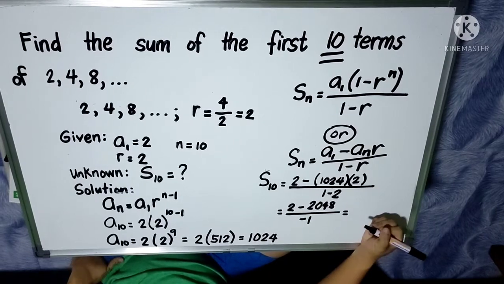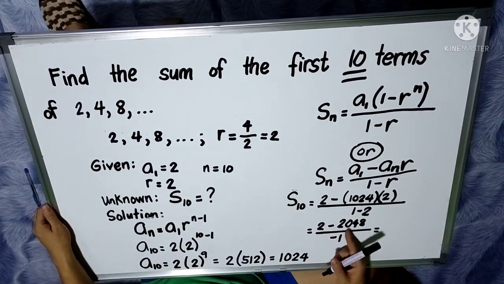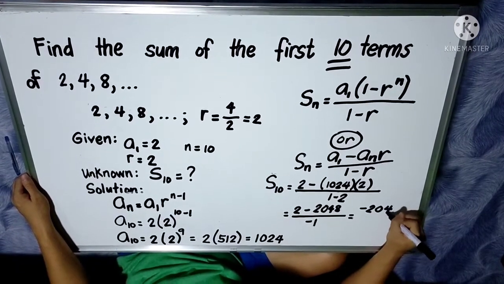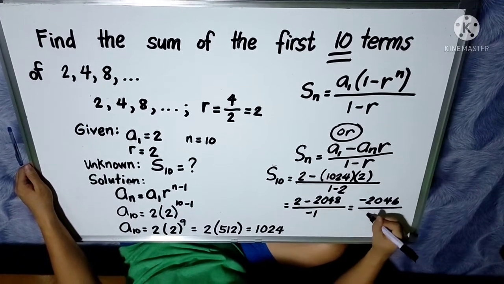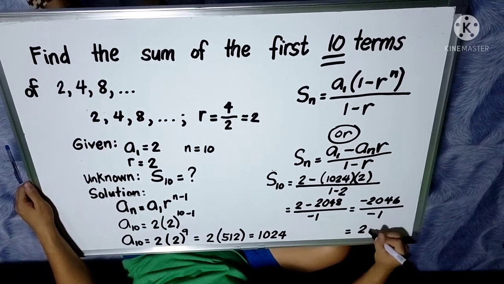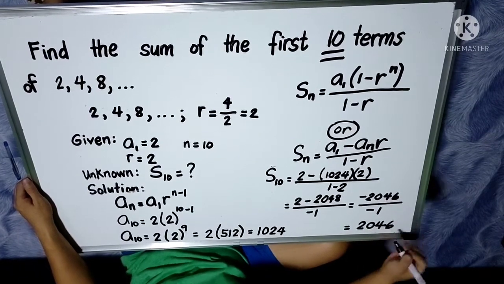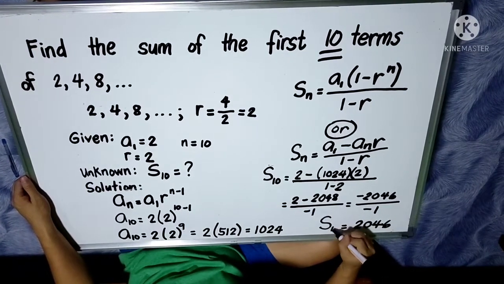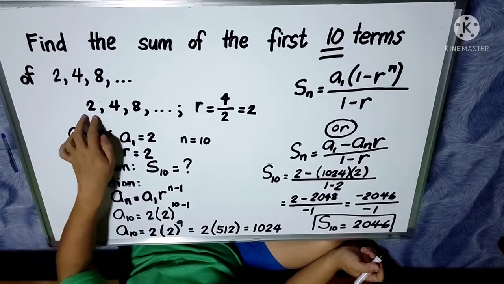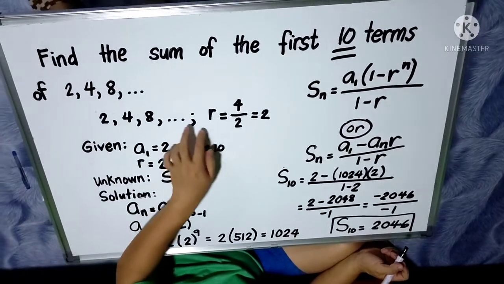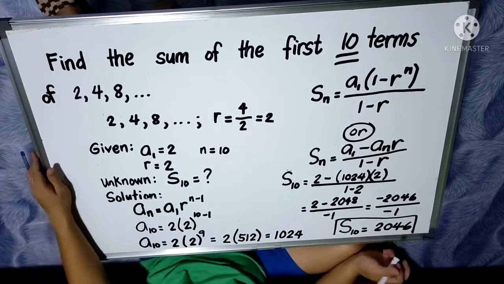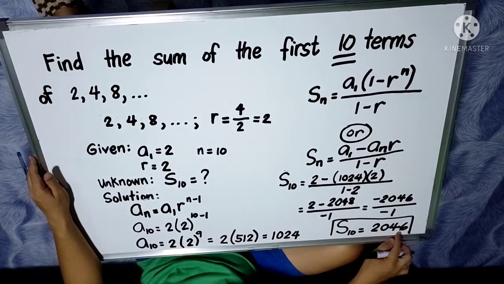So this is equal to 2 minus 2048, which is negative 2046 over negative 1. Negative divided by negative is positive, so 2046 is the value of your S sub 10. So if you are going to generate and complete the missing terms up to the 10th term and get a sum of the terms, you'll get 2046.